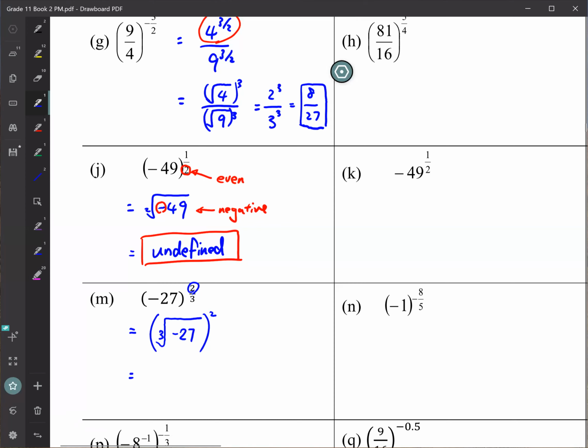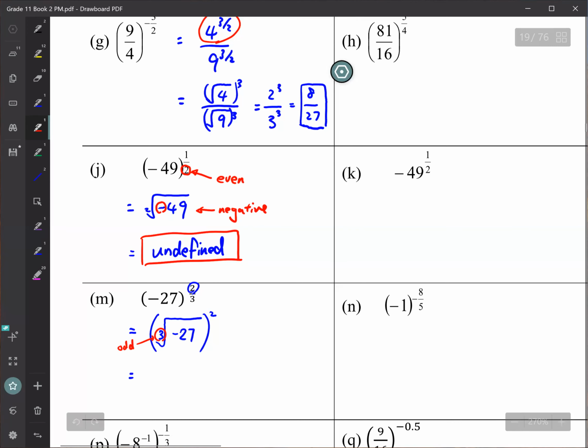Next, check if it's not even. So it's defined, right? Yeah, it's defined. Then what will be the answer? This is odd, so it's okay.